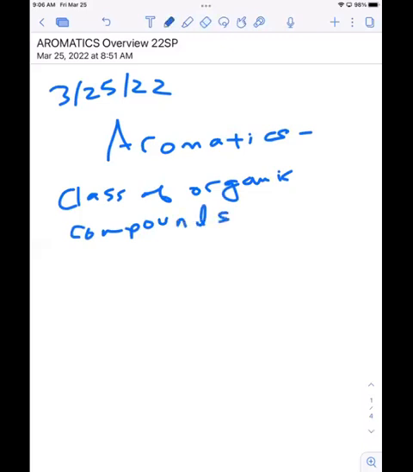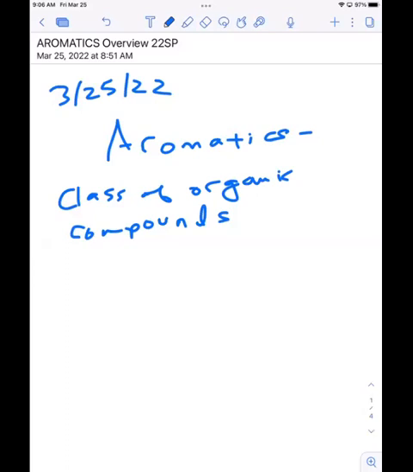Right. And the criteria to be considered aromatic, there are four criteria. And we're going to talk about those in a second.